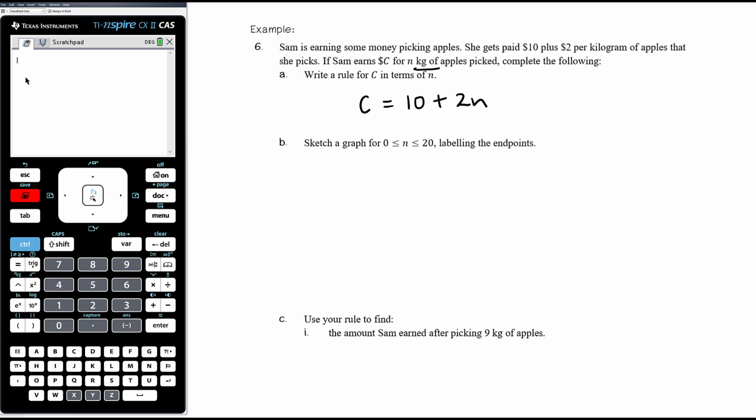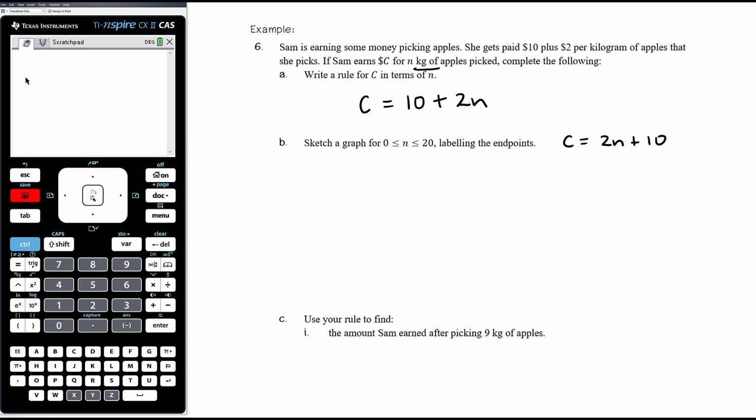So let's just think about the graph first of all. So c equals 10 plus 2n. Now that's the same as c equals 2n plus 10. The letters are different, but this is the same as sketching the graph of y equals 2x plus 10. Gradient of 2, y-intercept of 10. In this case, gradient of 2, c-intercept of 10, because our vertical axis will be labelled with a c. Okay.